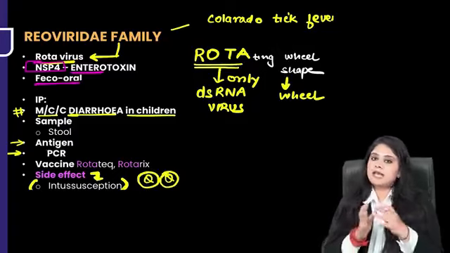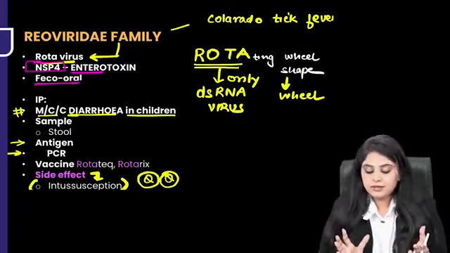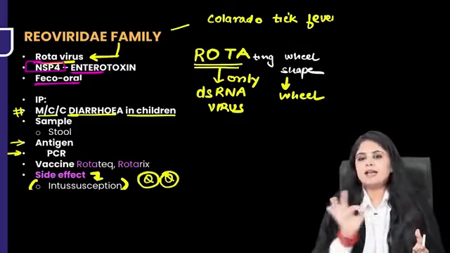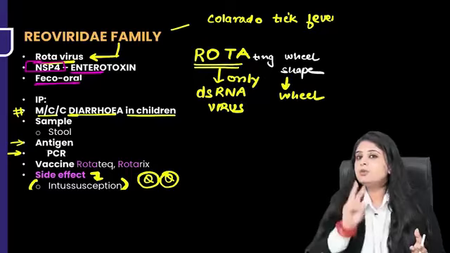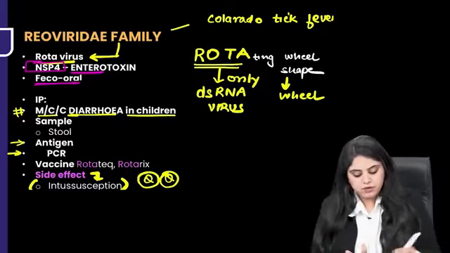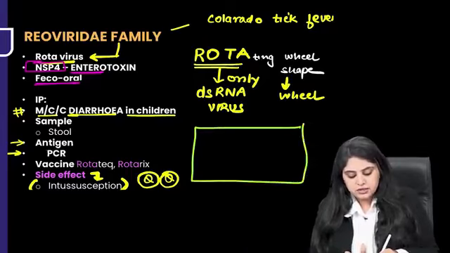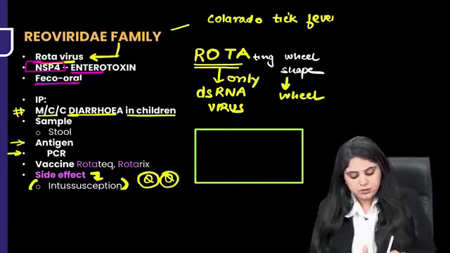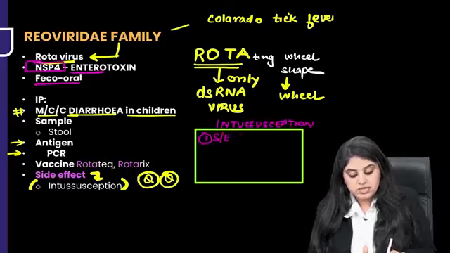See, intussusception is a very famous topic in pediatrics, but because I teach you path and micro, let me tell you two intussusception questions which will always haunt you somewhere or the other. Related to intussusception, number one question that you get in microbiology, it is a side effect of the rotavirus vaccine.